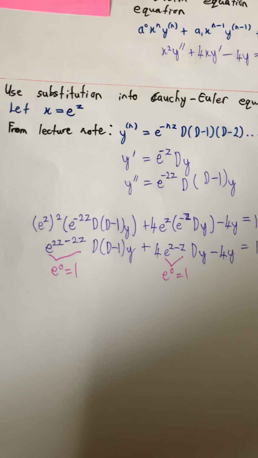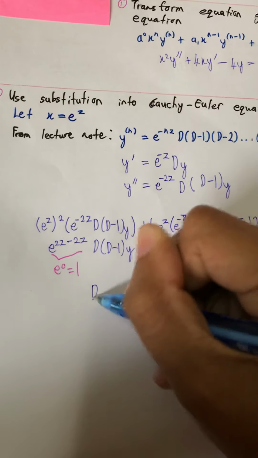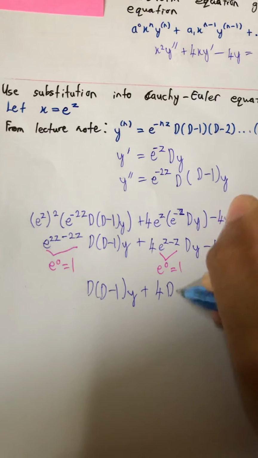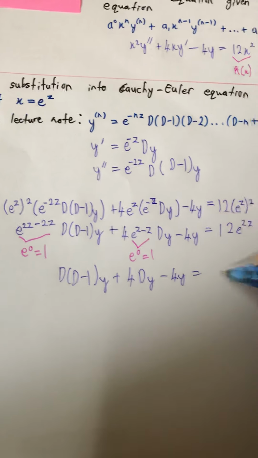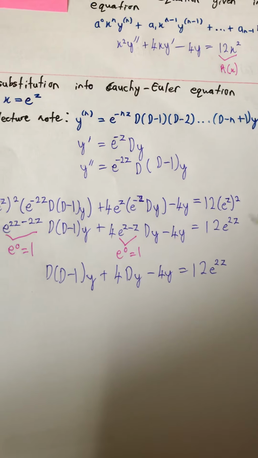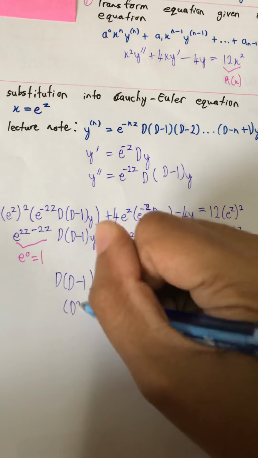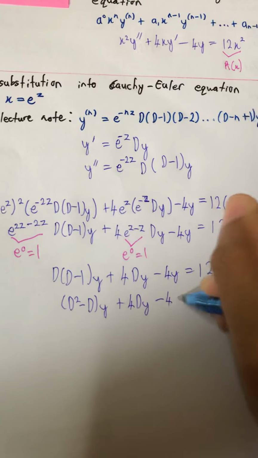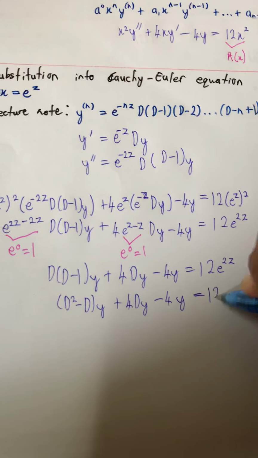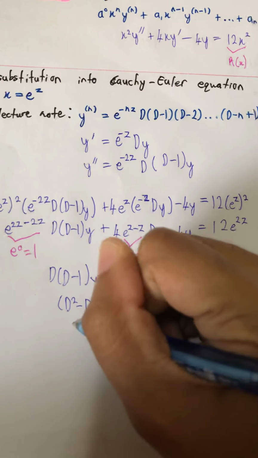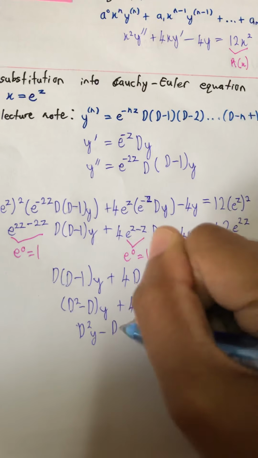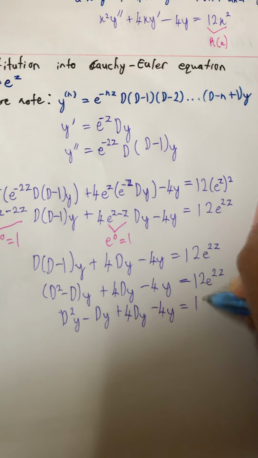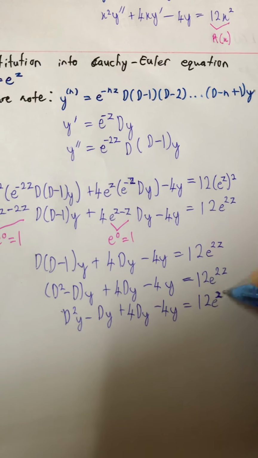So we solve it, and we get D minus 1, y, plus 4 Dy, minus 4y equal to 12 e to the 2z. Further simplified, D squared y minus Dy plus 4 Dy minus 4y equal to 12 e to the 2z.